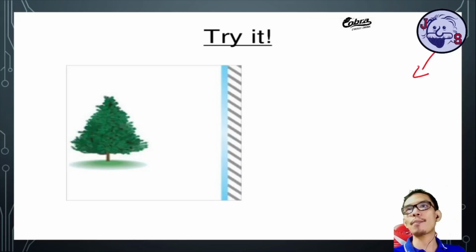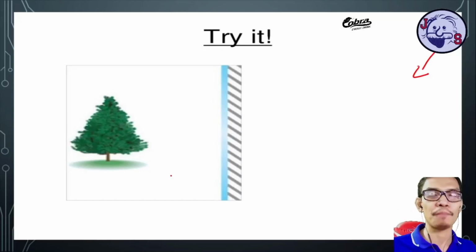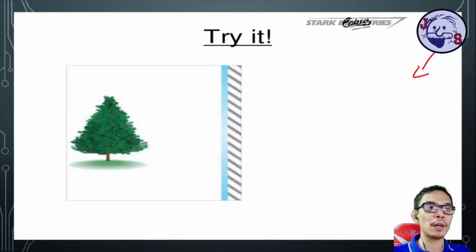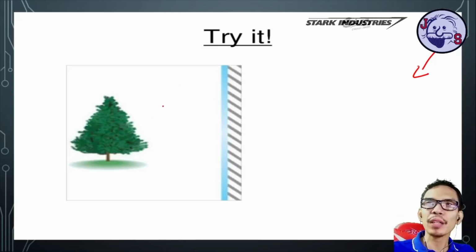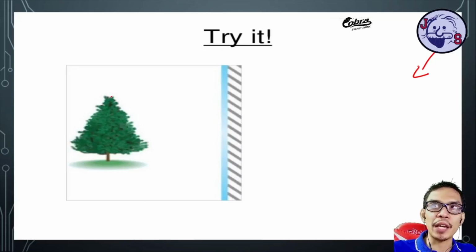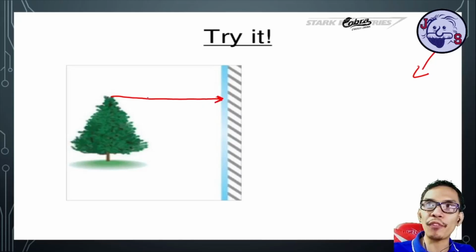So let's have a quick look at this tree that we have right here. Again, I don't have any ruler while using PowerPoint, so please bear with me regarding the lines that I will draw. First one is the incident ray. It will go to the mirror and be reflected back.